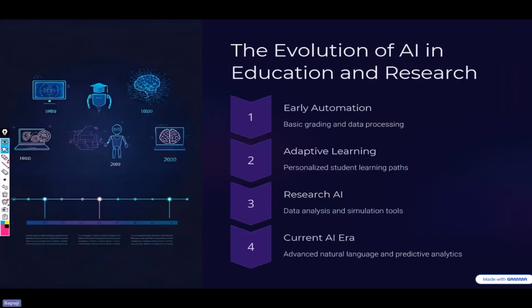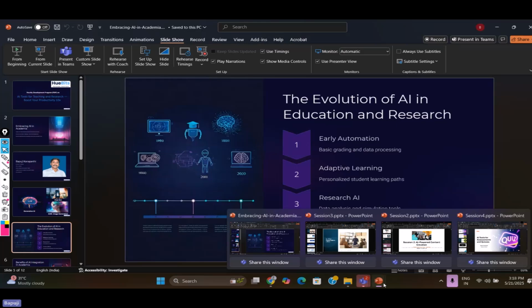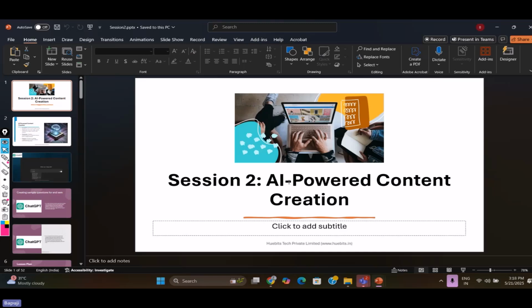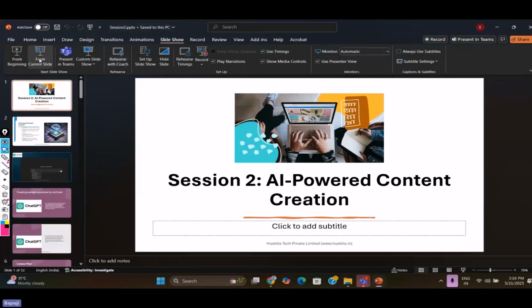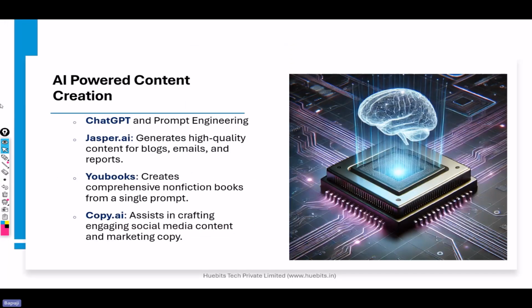So now we'll quickly go to some important aspects, such as how to create content. Most of you might be using AI for content generation, but how effectively we can generate content is important, all of you. There are tools like ChatGPT, which most of you are familiar with, and it is very helpful for different aspects.